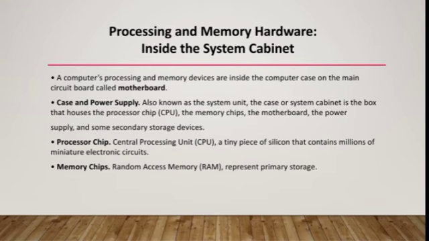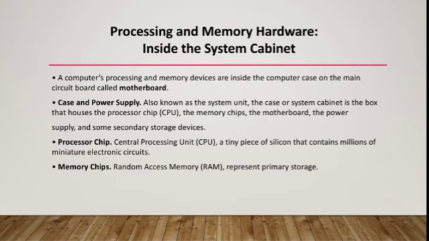Processor chip, also known as the Central Processing Unit or CPU. It is a tiny piece of silicon that contains millions of miniature electronic circuits. CPU is also the powerhouse of the computer. It has the ability to receive input and provide the appropriate output.